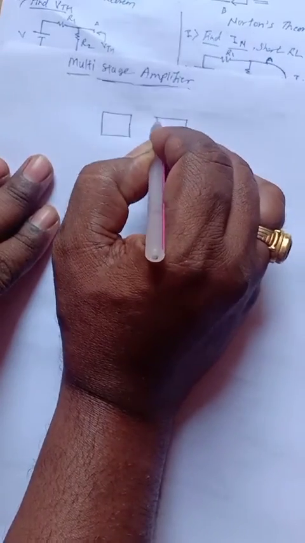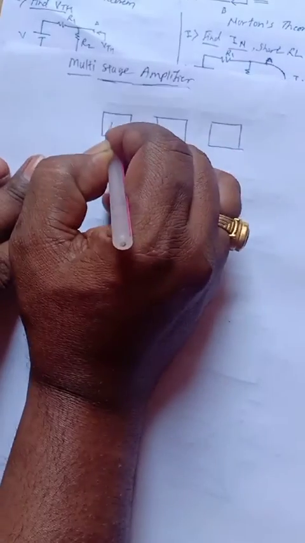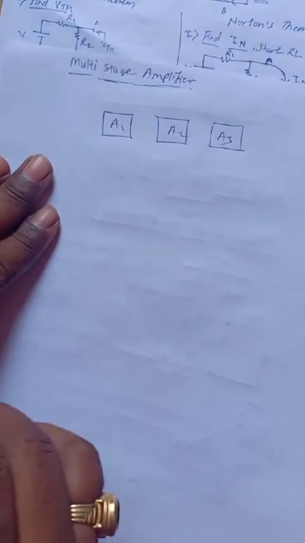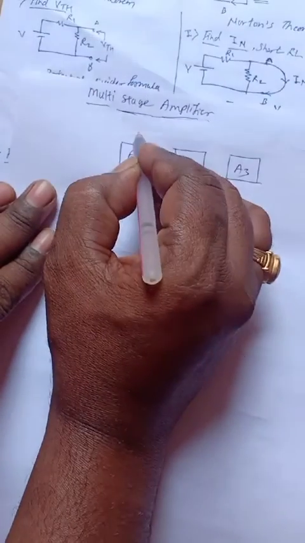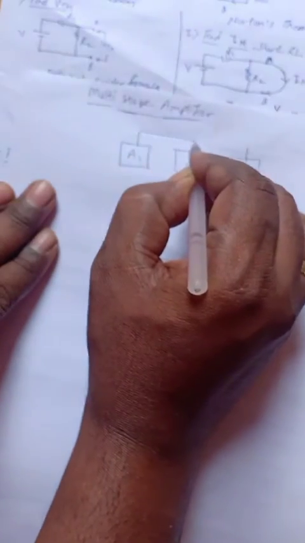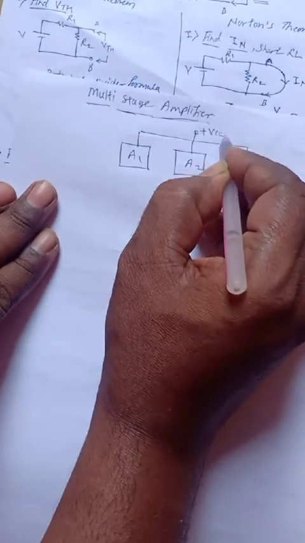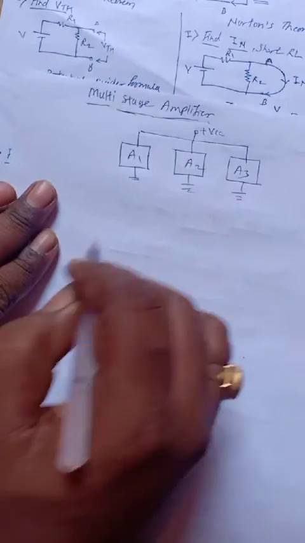Suppose these are three amplifiers, A1, A2 and A3. The operating DC power supply plus VCC is connected, and these are grounded.